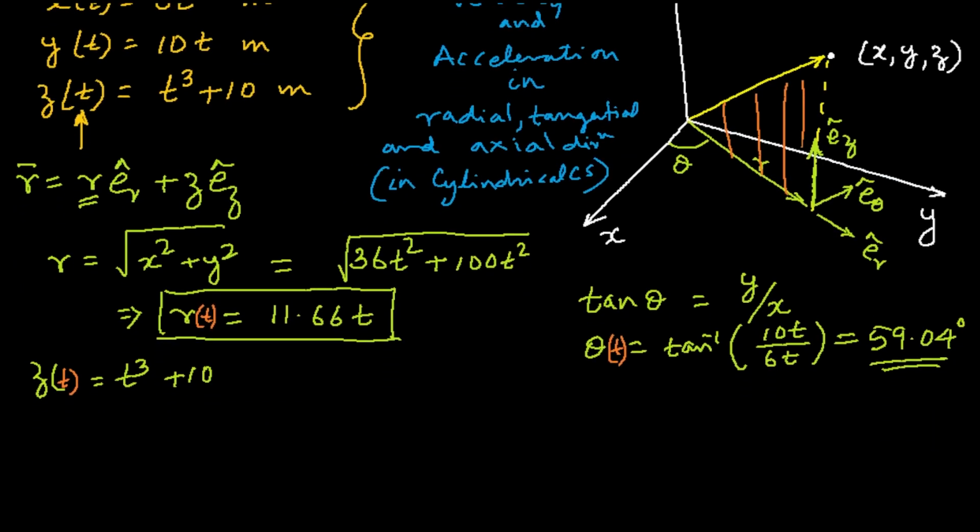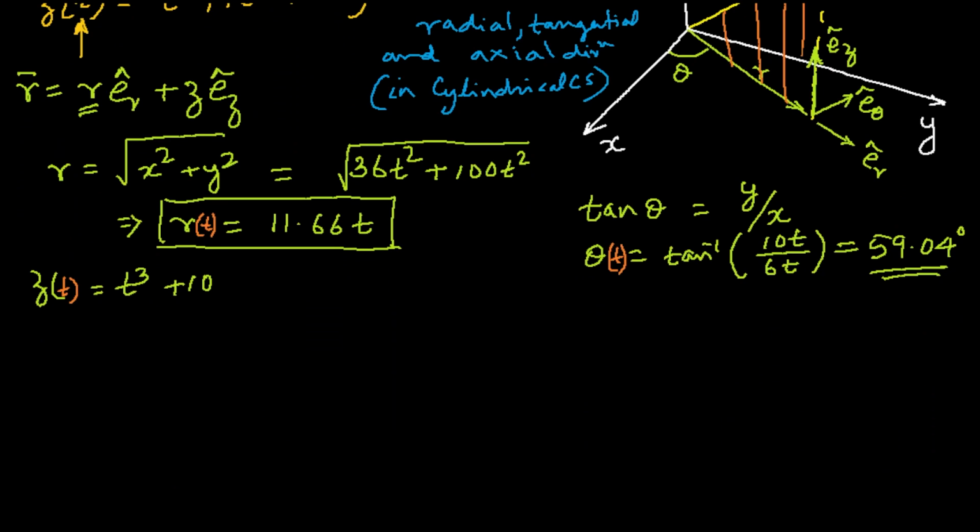Once we know the dependence of r, theta and z on time, we are in a position to get the velocity of the particle as a function of time. We do r dot, where r is this, so we take the differentiation. Before that, can we write even the position vector in terms of these numbers?